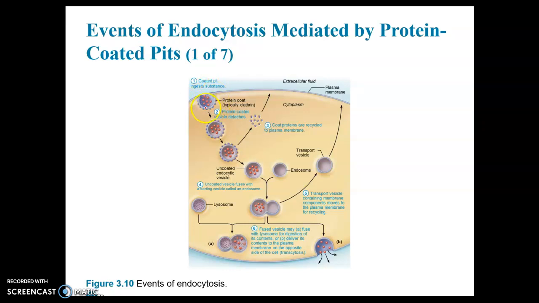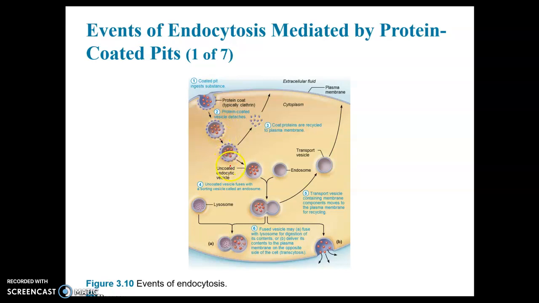It's like it's forming this pocket. And the substance that's being brought in is collecting in that pocket. And eventually the plasma membrane will fuse and bring the whole entire substance into the cell, and it will close up. And that forms the vesicle. This vesicle is coated with a protein called clathrin.